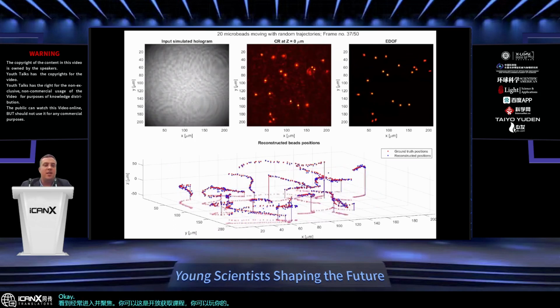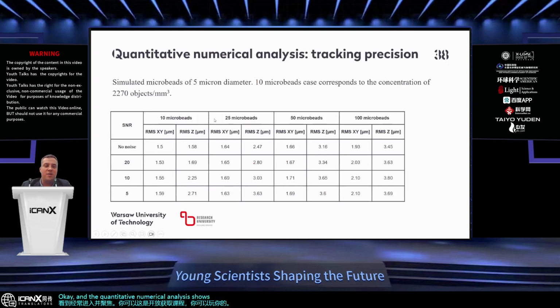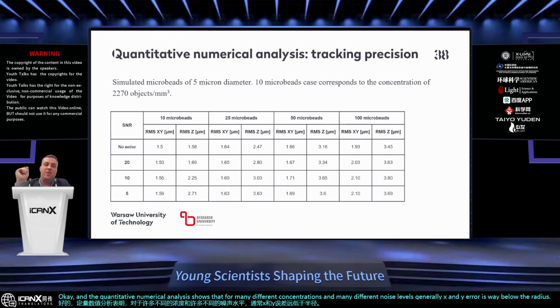Okay, and the quantitative numerical analysis shows that for many different concentrations and many different noise levels, generally the X and Y error is way below the radius of the bead, and the Z error is way below the diameter of the bead. So we are perfectly happy about the tracking precision of our dark field metric based imaging.